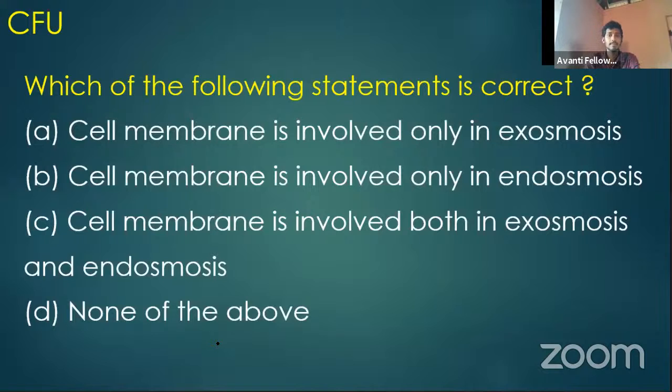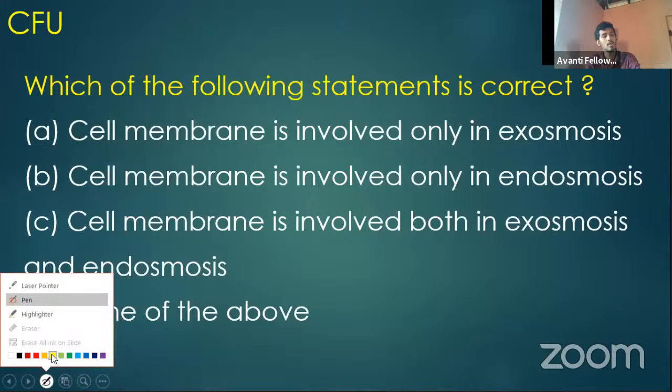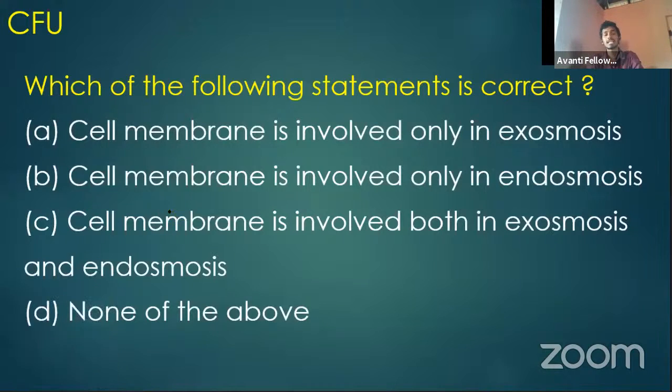Exactly. The cell membrane helps in several processes, and one of them is transportation. Especially of water, that's what we call osmosis, right? The transportation of water from inside to outside or outside to inside. When there is a change in tonicity, that means the concentration of solutes, excess water may move from outside to inside.